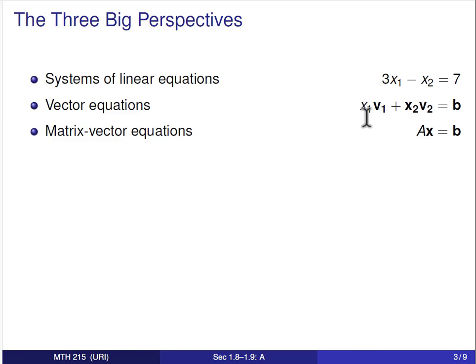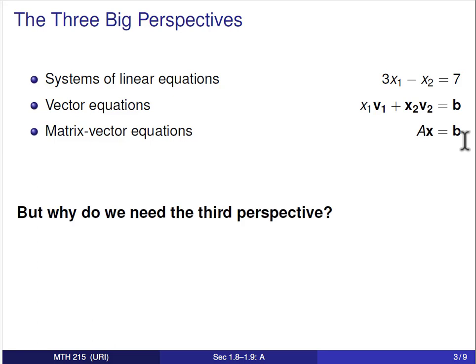So here you're trying to find the coefficients x1 and x2 that make the left-hand side equal to the right-hand side. And then the third perspective was the matrix vector equation, where you have a matrix times a vector equal to another vector. And the idea is, can you find out what x is to make this equation true?